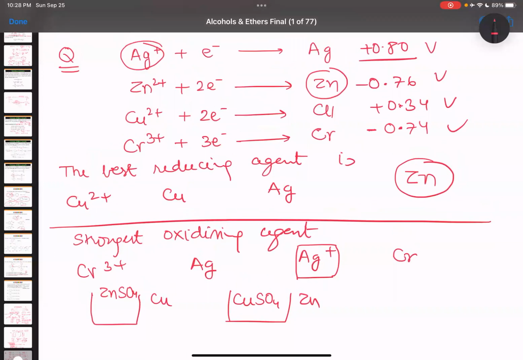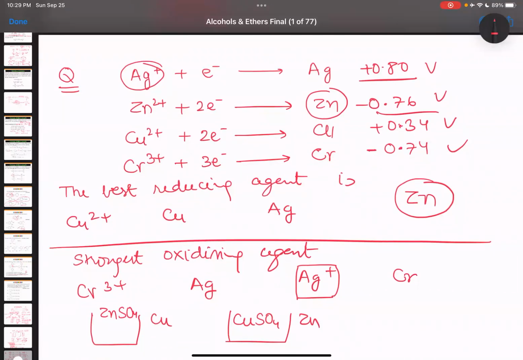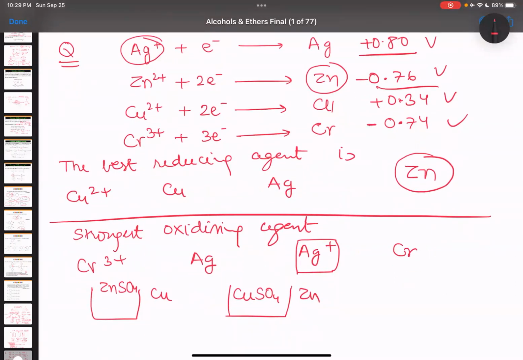So actually zinc 2 plus doesn't want to take electron. You can have the value from here, right? That is clear. Yes, sir. So zinc doesn't want to take electrons. Okay, that is clear.